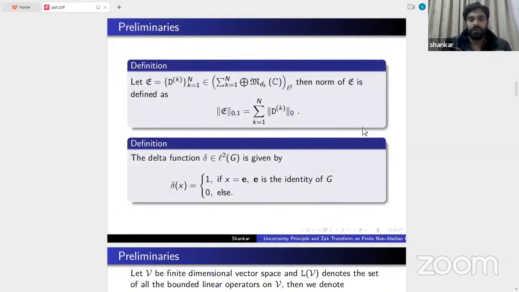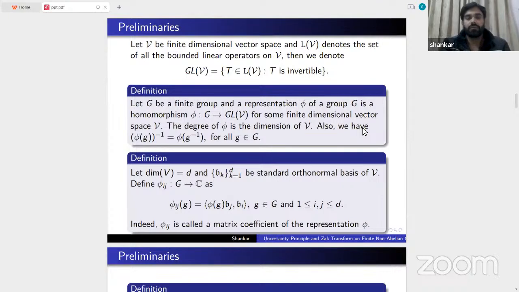Next, we have the norm of zeta, where zeta comes from the direct sum of matrix spaces over the complex numbers. The sparse norm of zeta is equal to the summation of the zero norms of the block matrices. Then we have the definition of the delta function: delta of x equals 1 if the element is the identity, otherwise it is 0.